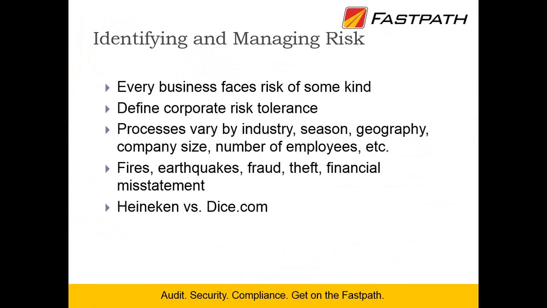But one of the examples I use here is Heineken, right? Everybody knows what Heineken does, and I guess even on the East Coast, it's too early for a Heineken. But Heineken, their risks are around inventory, right? So they have physical security to mitigate the risk of someone stealing a case of beer, right?